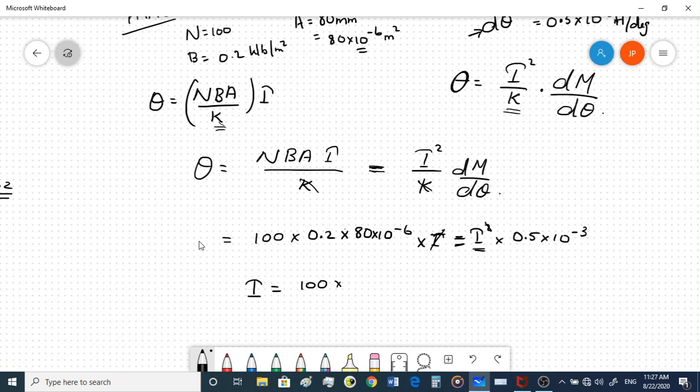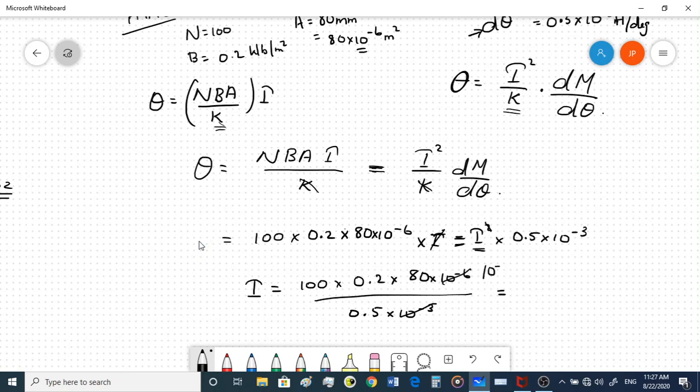So I is equal to 100 into 0.2 into 80 into 10 to the power minus 6 divided by 0.5 into 10 to the power minus 3. So here you can cancel these out.